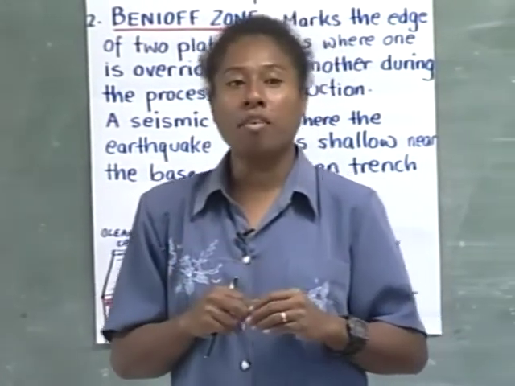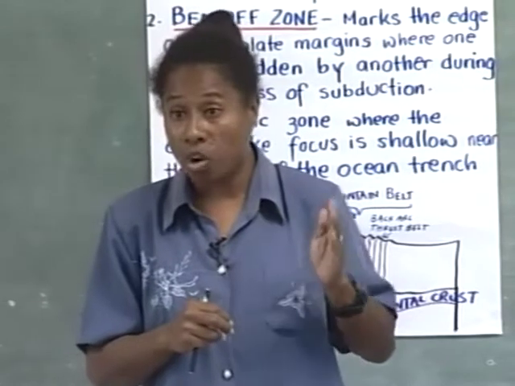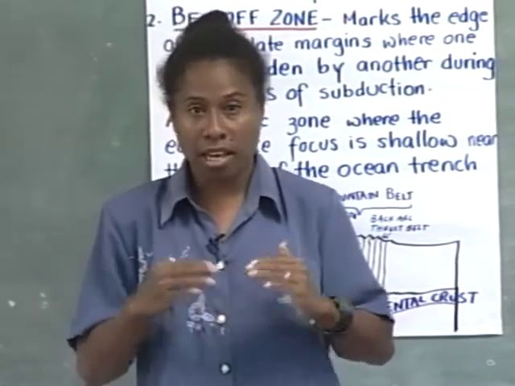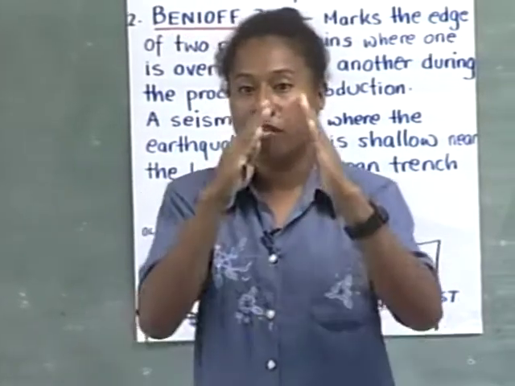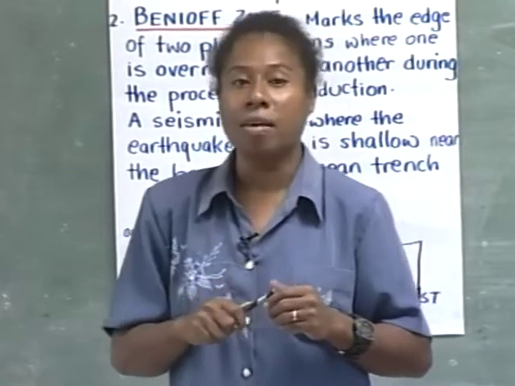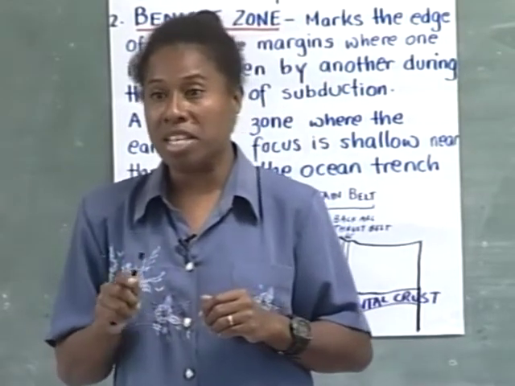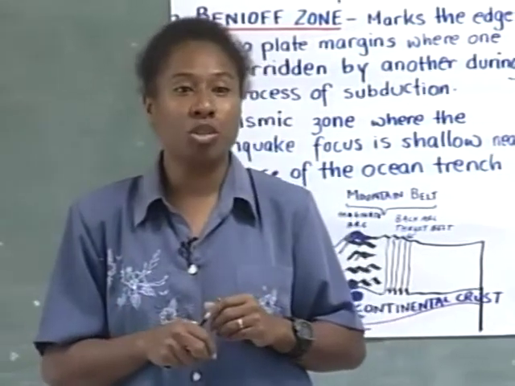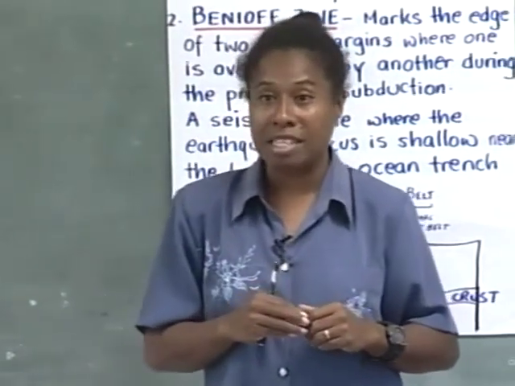You can also have fold mountains forming when a continental plate meets another continental plate, and the land area in between is forced up. The Himalayas are another example. But yesterday, we concentrated mainly on the formation of the Andes. That's what you were supposed to make note of in your lesson yesterday.